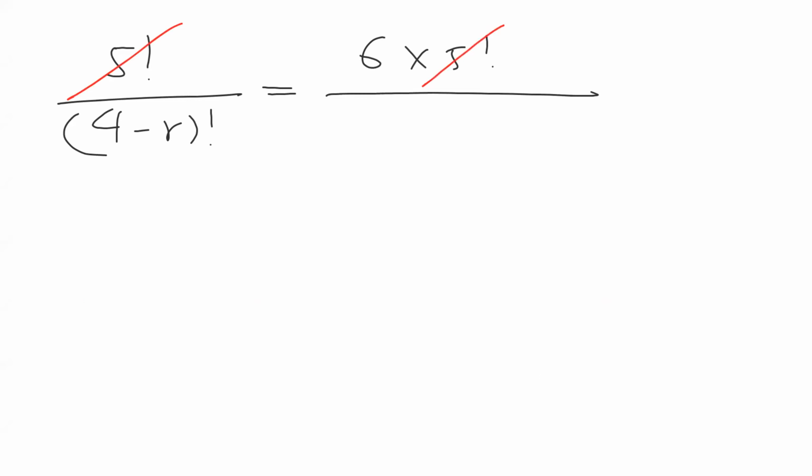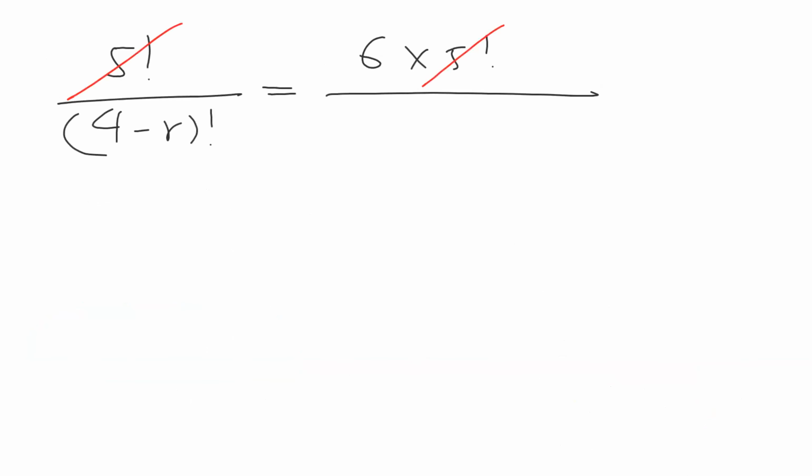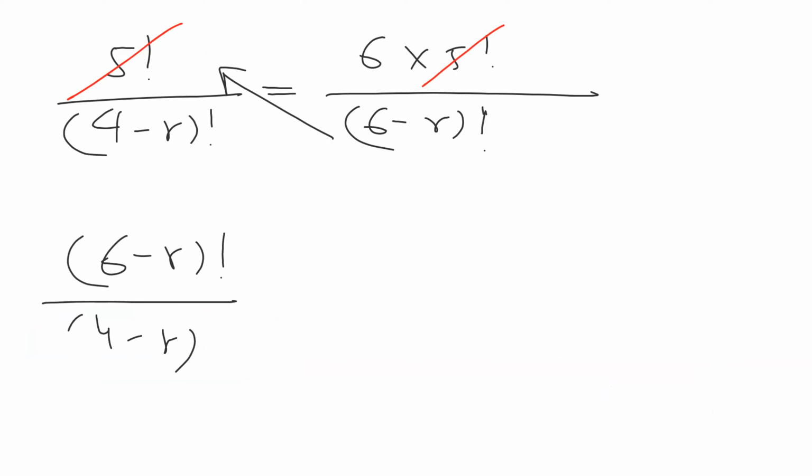And then down in the denominator, 5 plus 1. This minus minus is plus. So this is (6 minus r) factorial. So this I'll send over here: (6 minus r) factorial upon (4 minus r) factorial equal to 6.